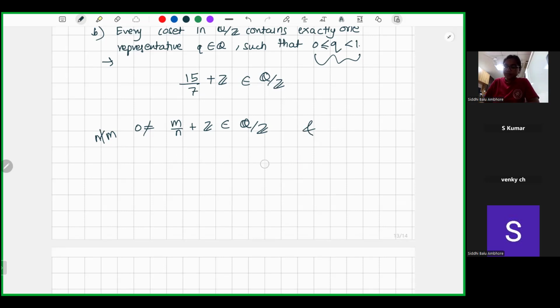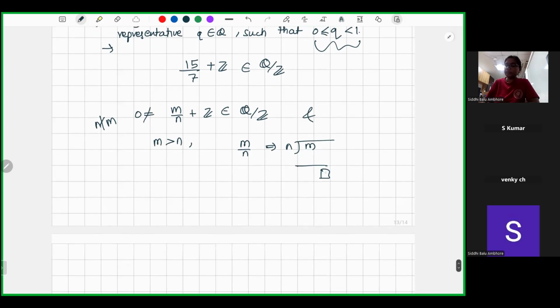Okay, but if I have m greater than n, then what I will do is divide m by n. And since n does not divide m, there will be some remainder.